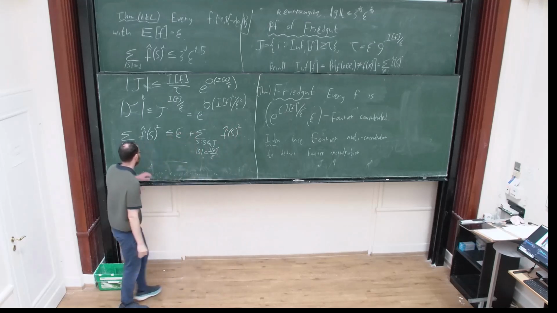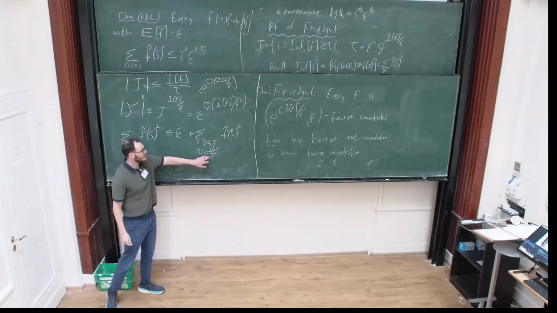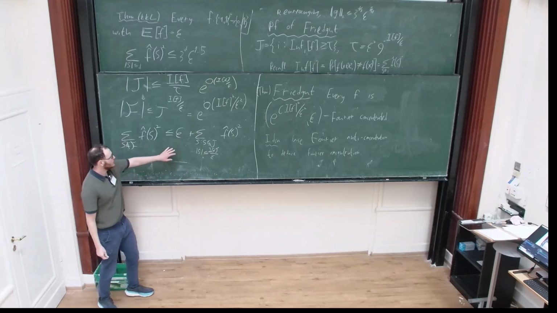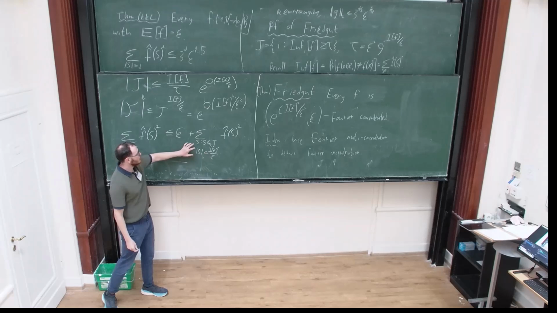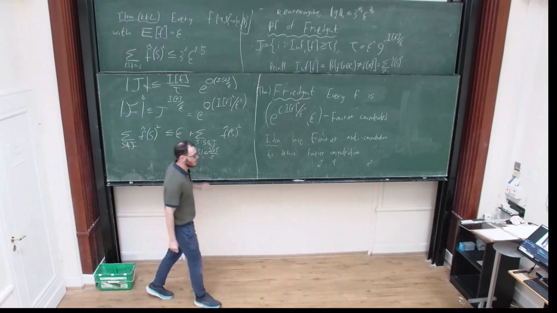Because we already know that the sum of Fourier coefficients that correspond to sets of size at least total influence over epsilon contributes at most epsilon. So we only need to upper bound the sets that are not in F and also have small size.